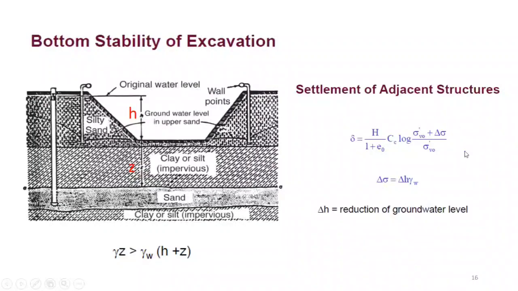If you recall the expression for calculating one-dimensional consolidation settlement through Terzaghi's theory, you can see that any change in stress will generate consolidation settlement in the soil. So if you have nearby structures, and you're lowering the groundwater table and creating a big difference between the original and the final water table, that means you are creating a big change in the effective stress, and a change in effective stress will ultimately lead to settlements. So you have to consider this very carefully in your designs.